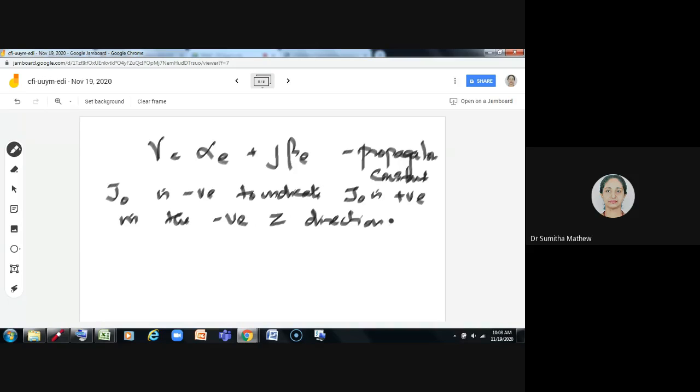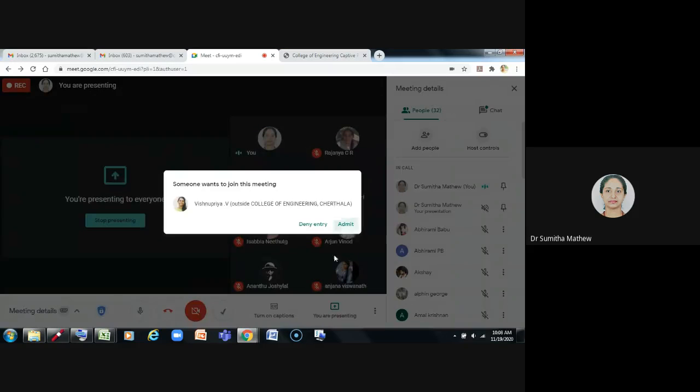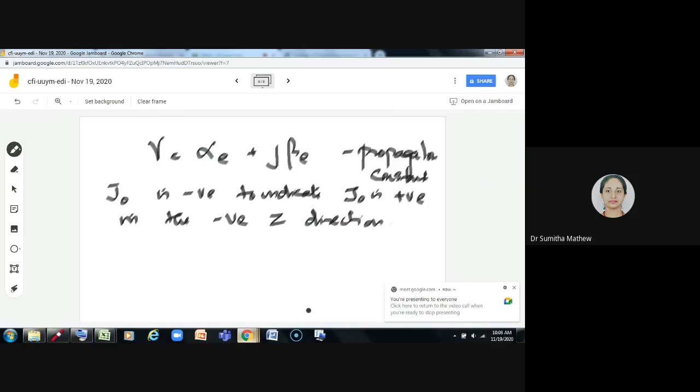Sorry, it's the other way around. J0 is positive in the negative z direction. That means J0 is negative in the positive z direction. That way, opposite. Okay, that's how it is taken. The direction sense is assumed here.